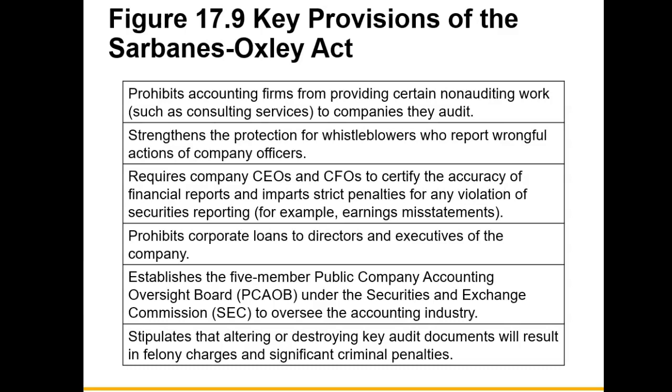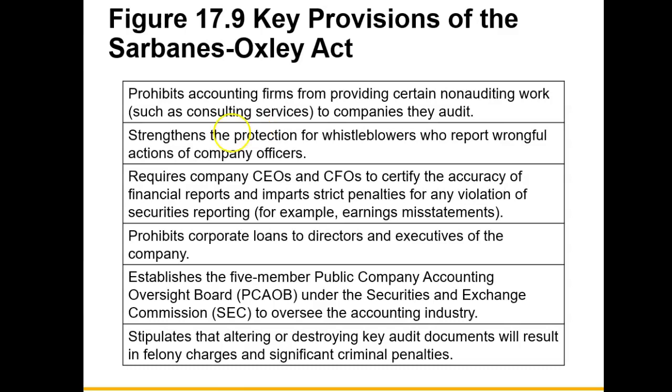This slide is showing some of the key components of the Sarbanes-Oxley Act that was passed in 2002, and pretty much some of the key components is that it prohibits accounting firms from providing certain non-auditing work to companies that they audit. So basically, it provides a level of transparency, if you will, where one firm is not providing too many services to that same company.